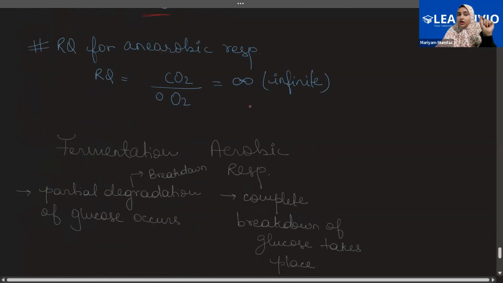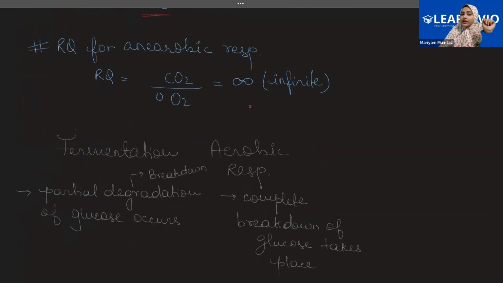And when we talk about the respiratory quotient for anaerobic respiration, we know in anaerobic respiration there is no oxygen. So anything that is divided by 0 is infinite. So the respiratory quotient for anaerobic respiration is infinite. But for carbohydrate, it's 1. For fats, it's less than 1.